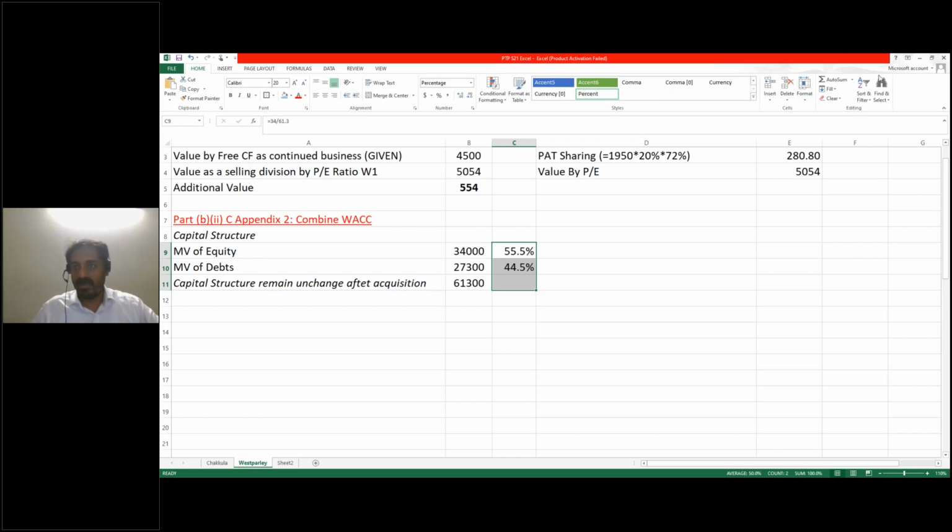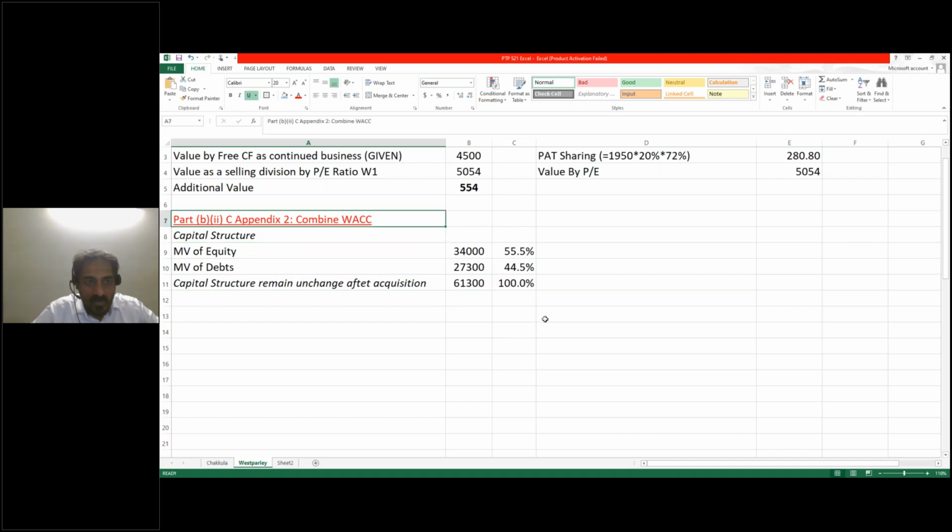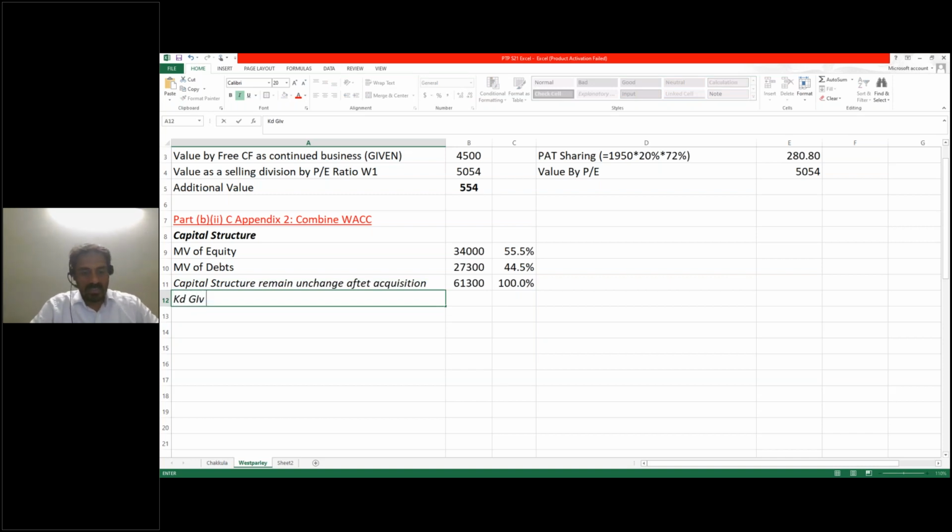It's very simple. Now come on, make it quick. What I'm doing, just put the WAC. What are the ingredients required for the WAC? Number one, sir, capital structure. Number two, we have done the capital structure. Number two, KD. KD is already given. That's given.